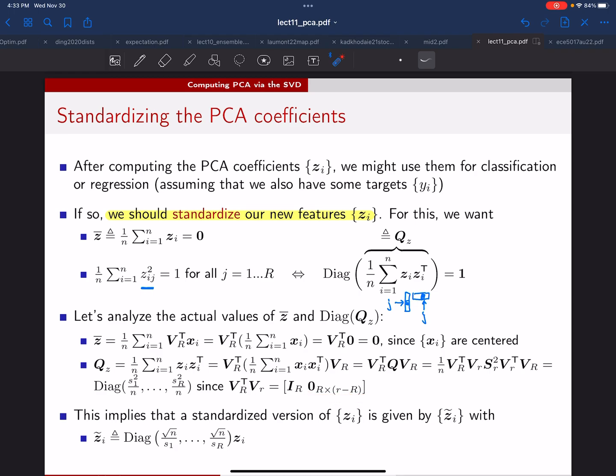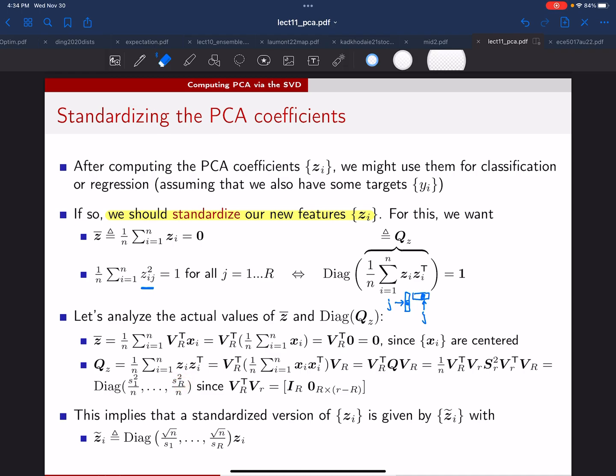And so finally, all this does is extract the first capital R entries, and you're doing that from both sides, and so you finally get this diagonal matrix that has only capital R entries.